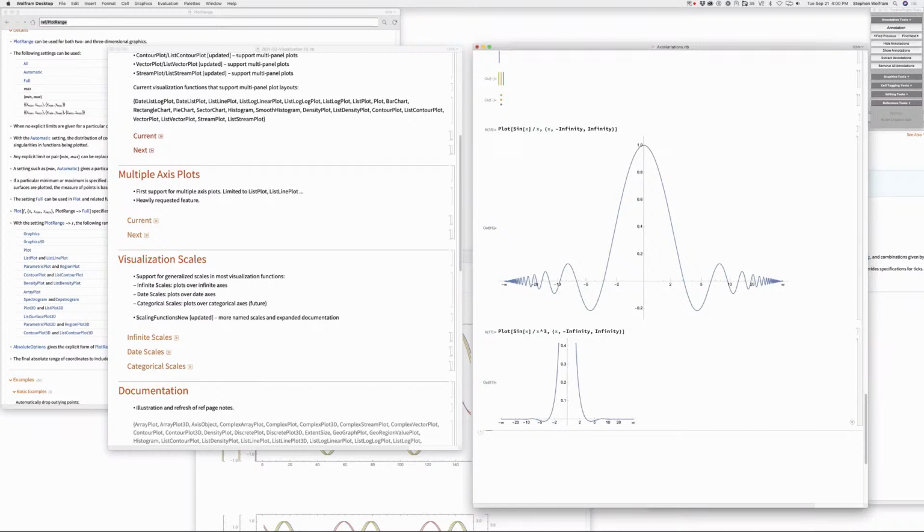Probably you want plot range all. Well, maybe not. I take that back. Oh, look what I want to do, but that's not going to be sine x cubed, right? That's what I should have been doing. Yes. Okay.